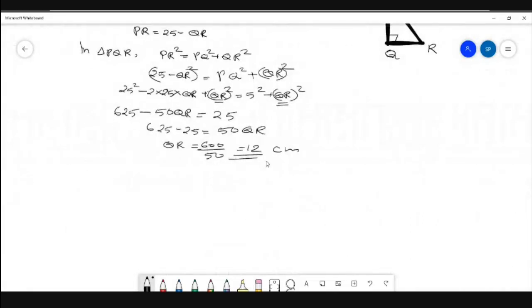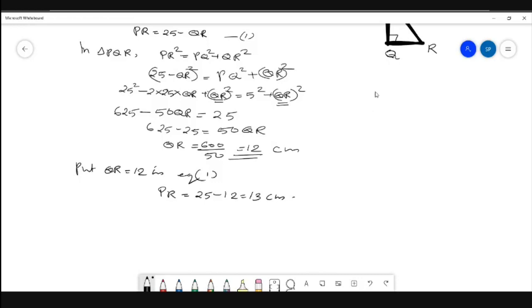So substituting QR equal to 12 in equation number 1, we get PR equal to 25 minus 12, that is equal to 13 centimeter.